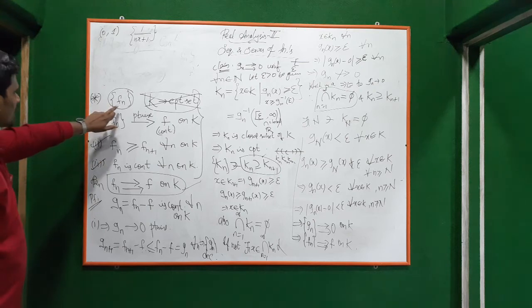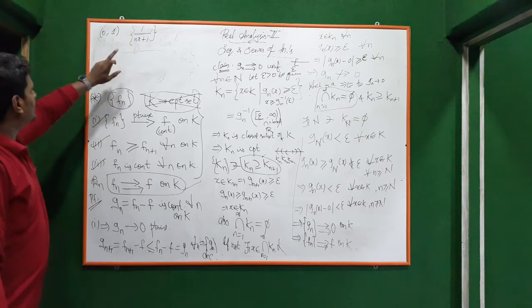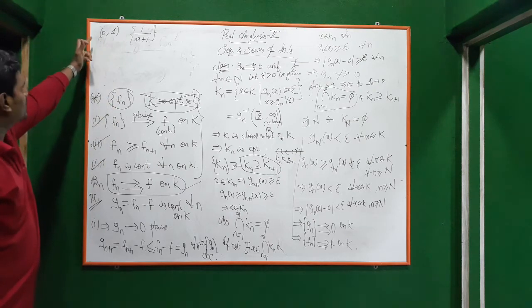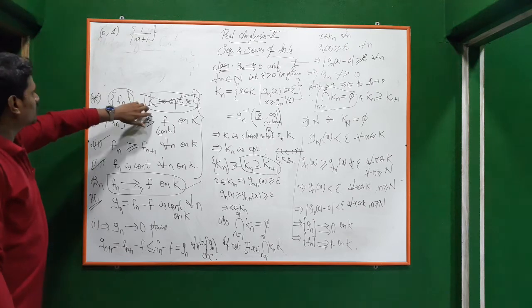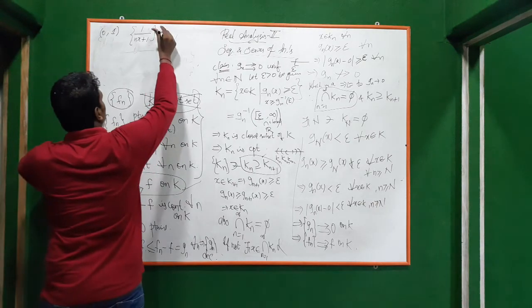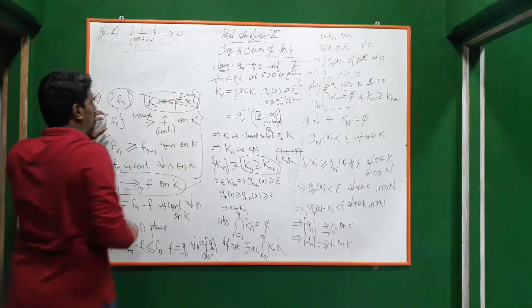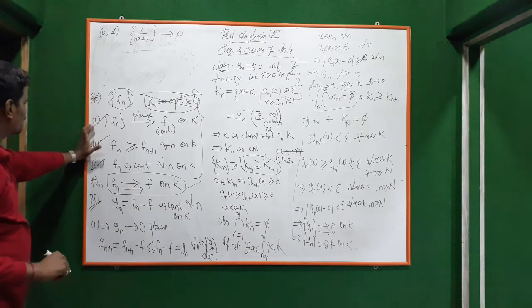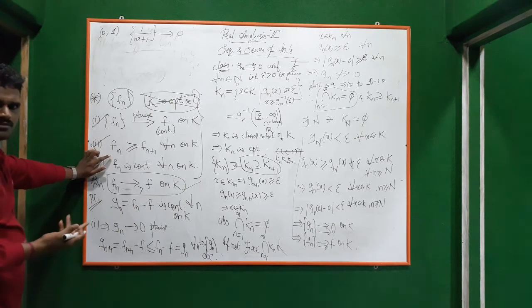Okay, Fn is a sequence of functions on the set (0, 1), which is not compact, and Fn converges to F pointwise. So this converges to 0, that we know on that set. And it is a decreasing sequence, that you can check.